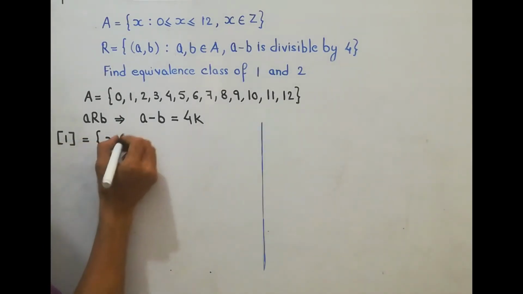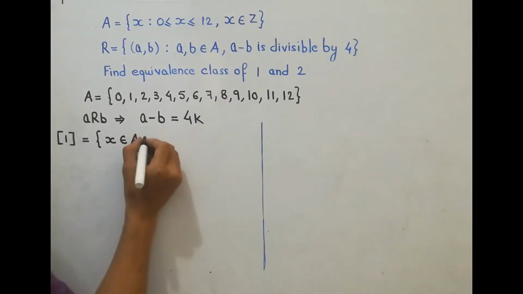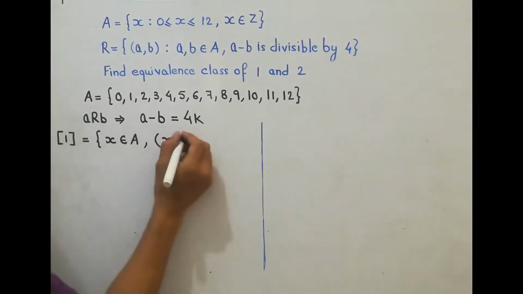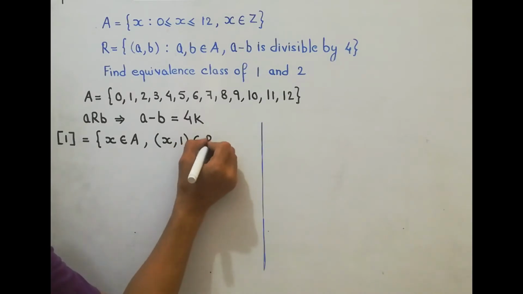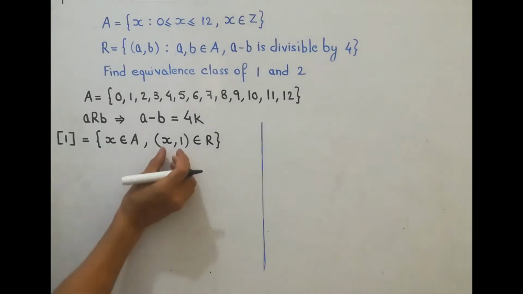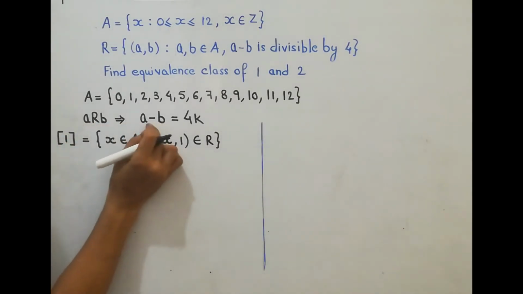the set of all the elements belonging to A where x comma 1 will belong to the relation like this. This is the meaning. When you have to find the equivalence class of 1, you are going to write it this way. Now for the ordered pair A comma B, this is the relation.